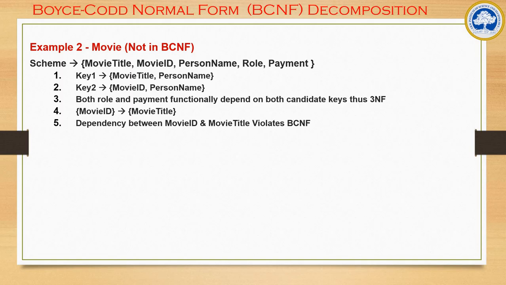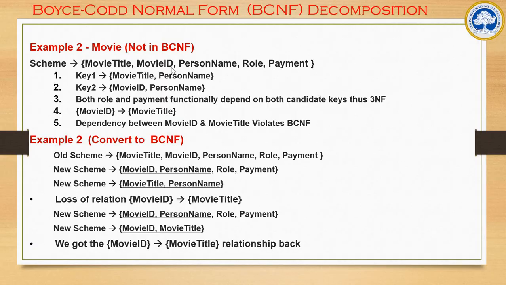So how can we decompose it? If we make it like movie ID and title alone, the relation loss will be there. So instead of that, we have to apply movie ID, name, role, payment as one schema, and another schema movie ID and title. Like that we can make it.